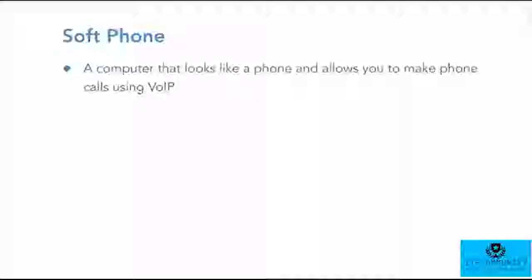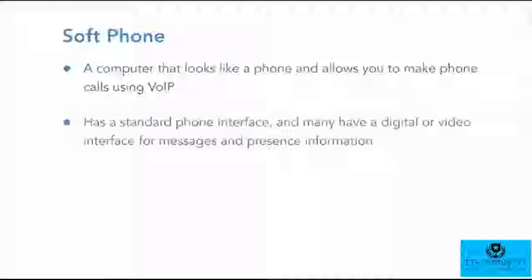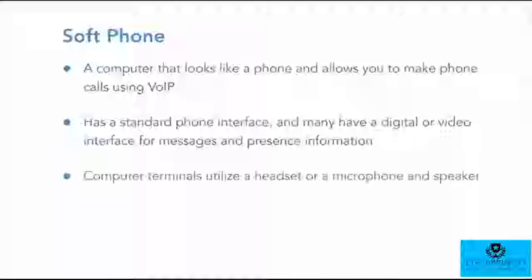It allows you to make phone calls using voice over IP. It has a standard phone interface and handset, and many have a digital or video interface for messages and presence information. If using a computer as a terminal, you'll need a headset or a microphone and a speaker.